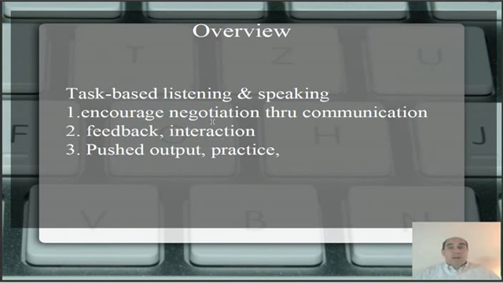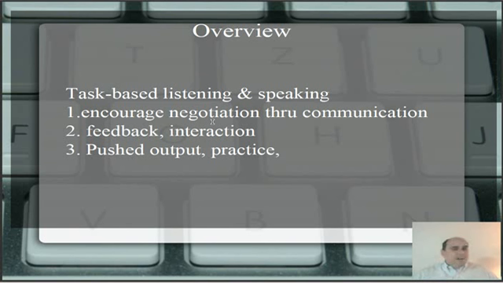Nation is going to be talking in the textbook about using task-based language teaching to focus students to do listening and speaking, and in particular the concept of negotiation. Negotiation is the idea that students don't understand a word or a concept, and so they need to negotiate meaning. They have to talk back and forth to try to figure out what it is that each other is saying, and thereby learn some new words and also learn to communicate.